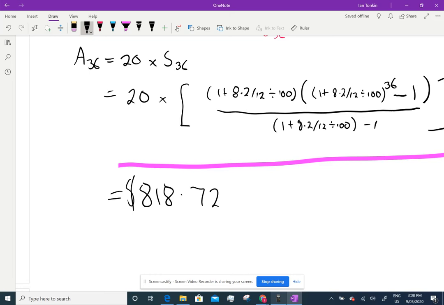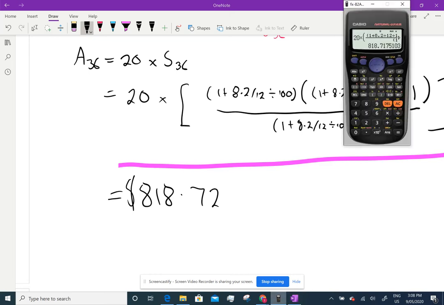$818.72. Now, if I went backwards, what I should have thought to do is go 1 plus 8.2 divided by 100, divided by 12 (it doesn't matter which way I do it), divided by 100, and go on. Righto, that's my answer now.